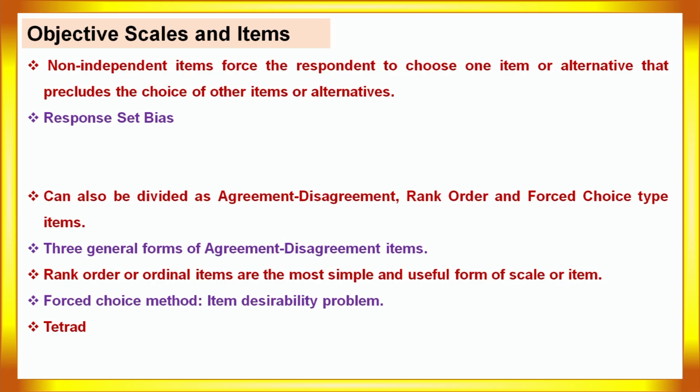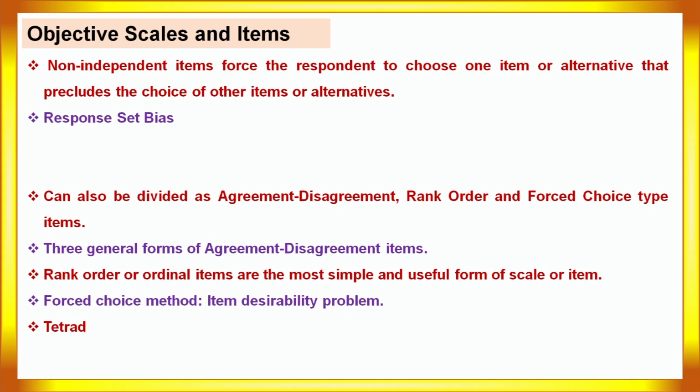In the case of agreement and disagreement items, the respondent is provided with a set of answers or options. All of you, at some stage of your life, have gone through a competitive exam. In a competitive exam, generally there is one question and 4 responses, and from the 4 you have to choose one. That is an example of the agreement disagreement item.